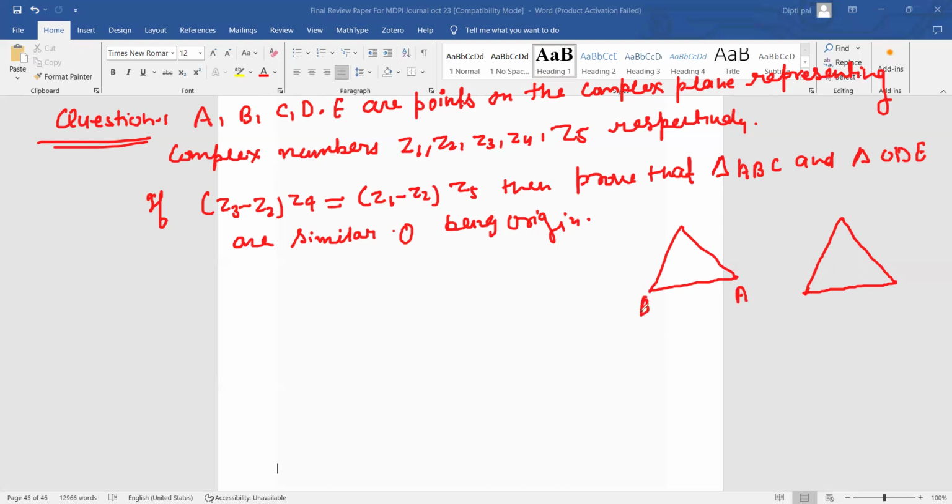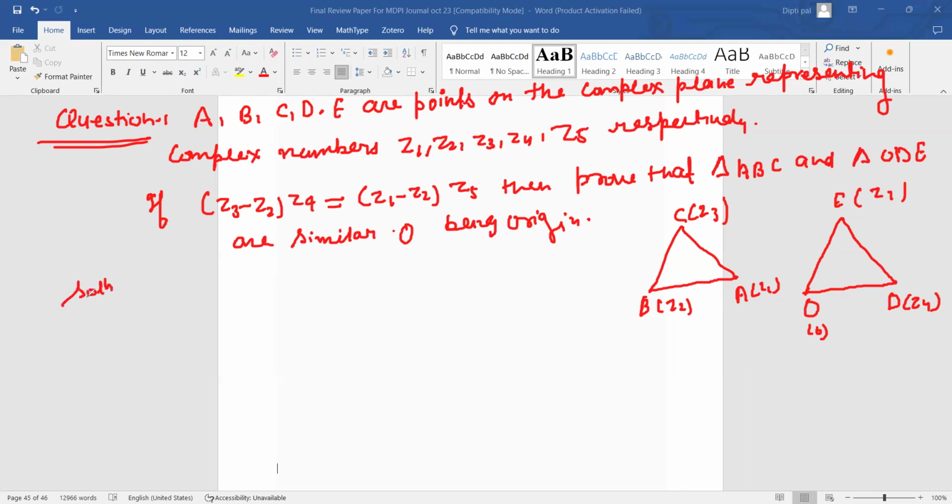A, B, C and O, D, E. So its vertices are Z1, Z2, Z3, and 0, Z4, Z5. Okay.